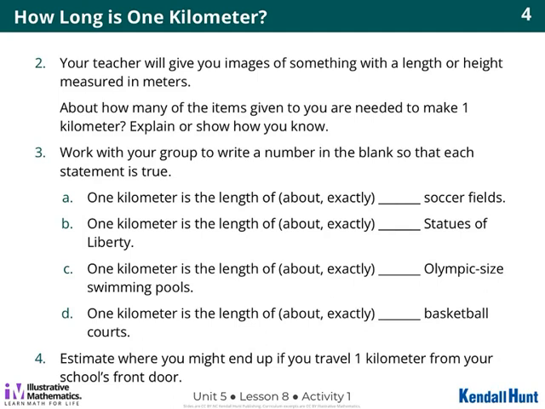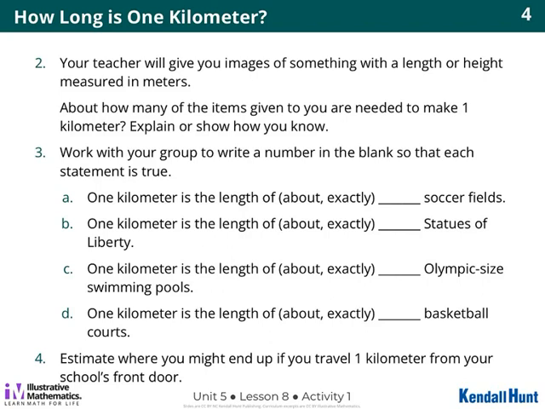All right, so here is what you are getting. You're getting 1 page with soccer fields. I think these are all soccer fields. Yeah, it says soccer field. And you're getting another page with Statues of Liberty, basketball courts, and Olympic-sized pools.